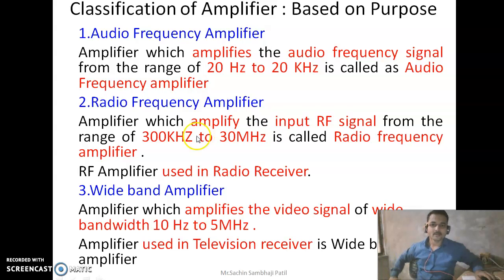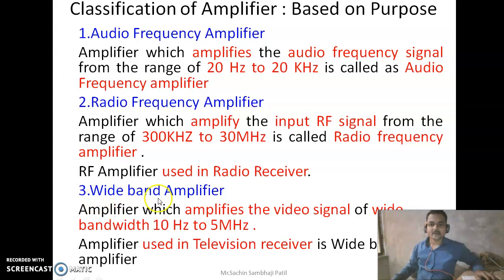The frequency range is 300 kHz to 30 MHz. If a signal in this range is amplified using that amplifier, which is present in the radio receiver, it is called a radio frequency amplifier. After receiving the signal, the RF signal is converted into the IF, intermediate frequency, signal. That signal is amplified and given to the speaker.